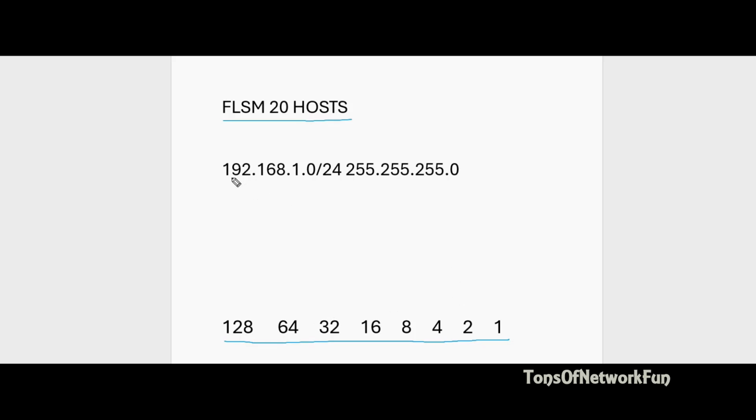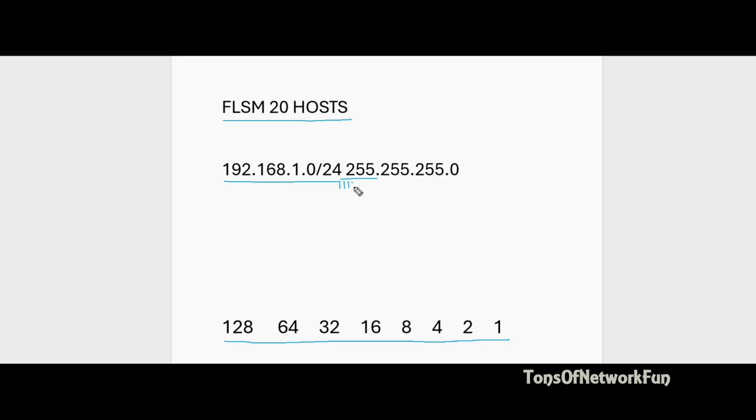The network ID given to us is 192.168.1.0/24, written in this format as 255.255.255.0. And you know why? /24 means 255.255.255, because you have 8 ones under each 255.